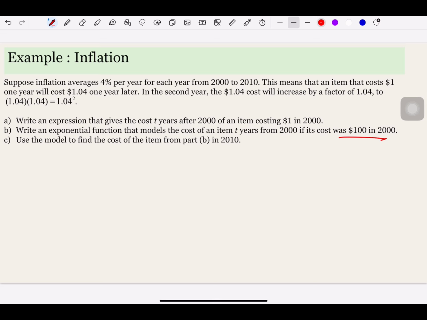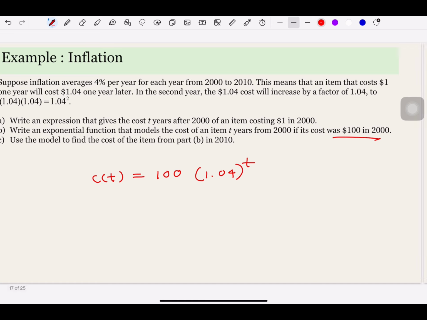So that means you just replace the initial value by 100. So you can write the cost function as 100 multiplied by 1.04 to the power t. So this models the cost of an item t years after 2000, starting at $100 in 2000.